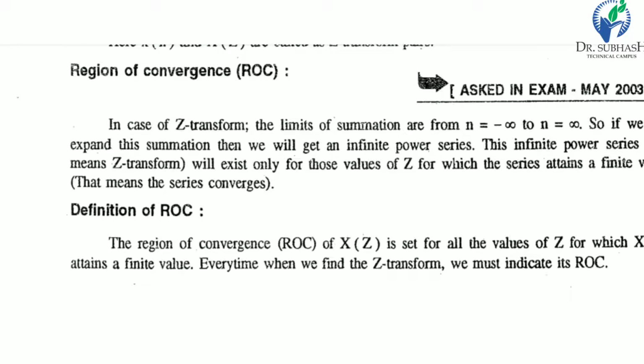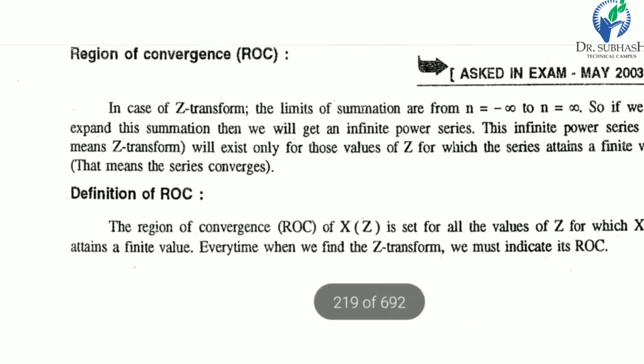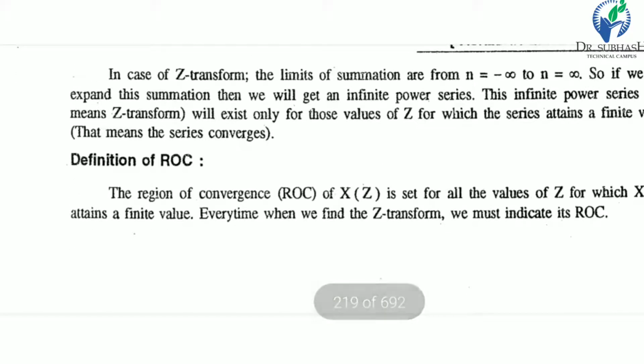Now the next topic is ROC, region of convergence. In case of Z transform, the limits of summation are from n equal to minus infinity to n equal to infinity.